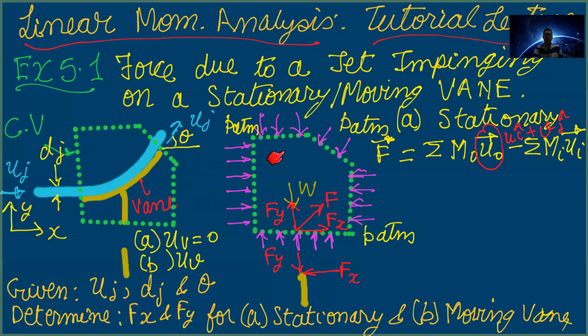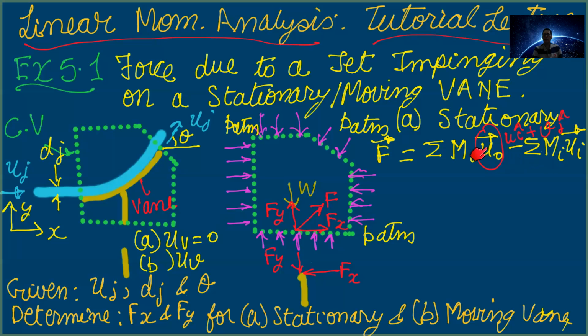If we express the equation for momentum conservation, in my video lecture I had shown you that the integral equation for momentum conservation, whose right hand side consists of a surface integral, can be converted into an algebraic equation where the net external force is equal to the net momentum flow rate leaving across the surface of the control volume. This is the momentum flow rate that is leaving and this is the momentum flow rate that is entering.